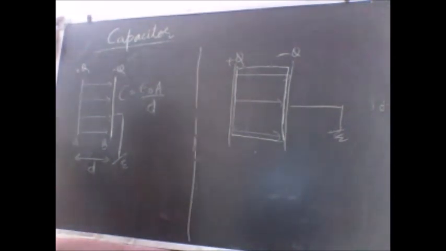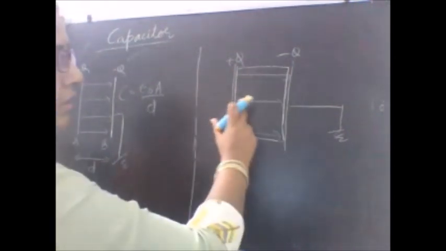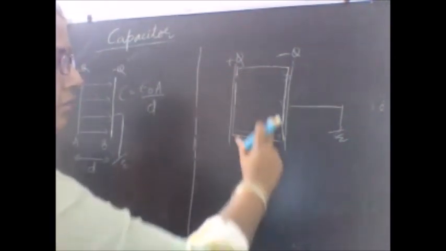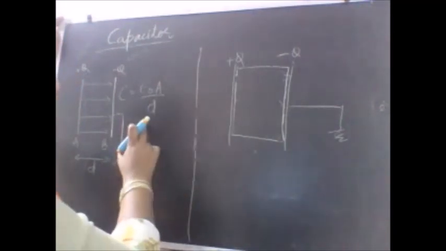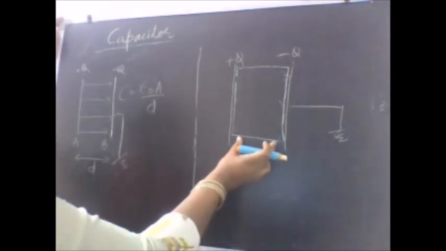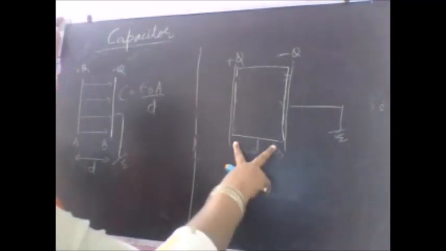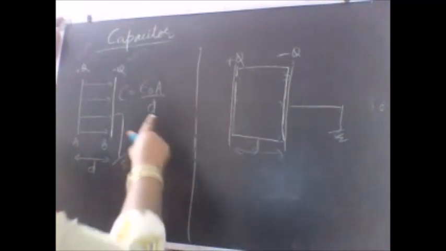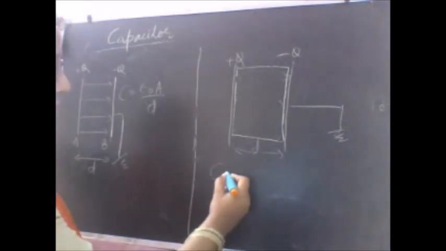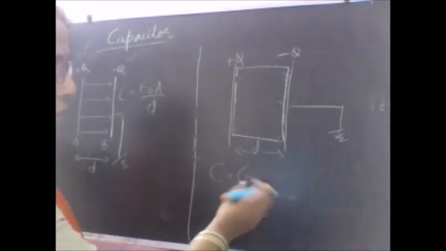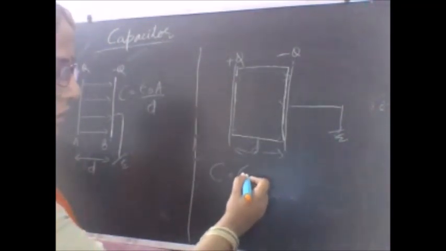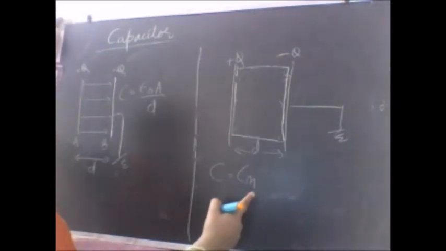So what will happen when we introduce this dielectric here? The formula changes accordingly. Assuming the thickness of the dielectric is the same as the distance between the two plates, the formula can be written as C is equal to, now instead of epsilon naught, it has to be the permittivity of the medium.